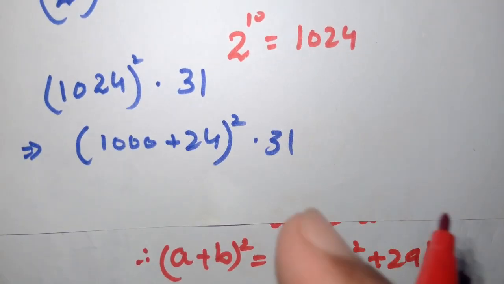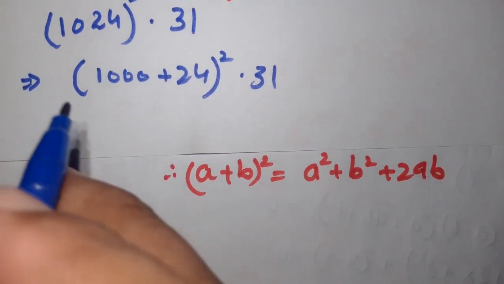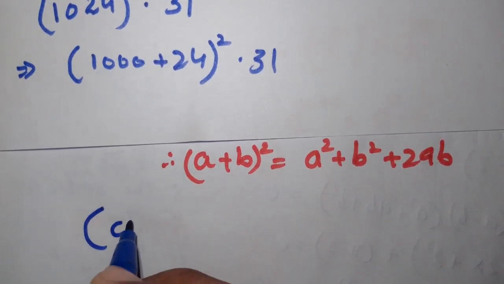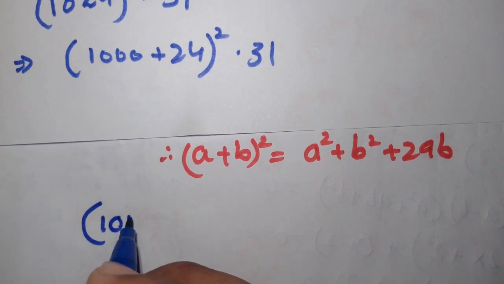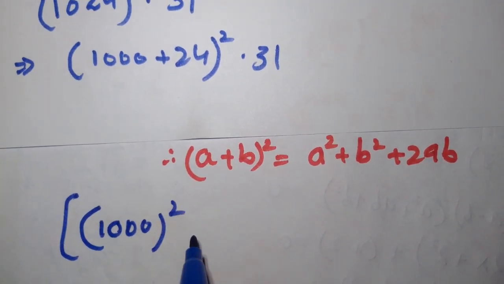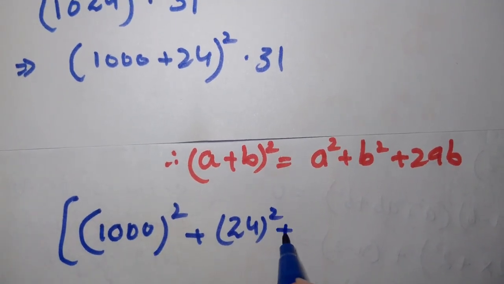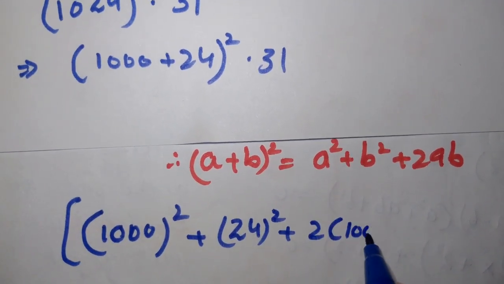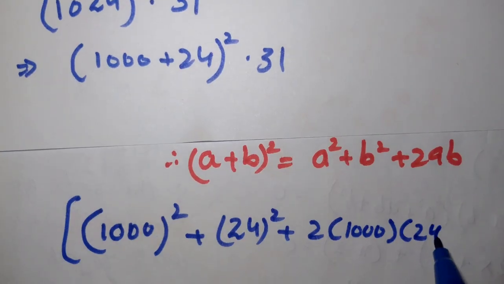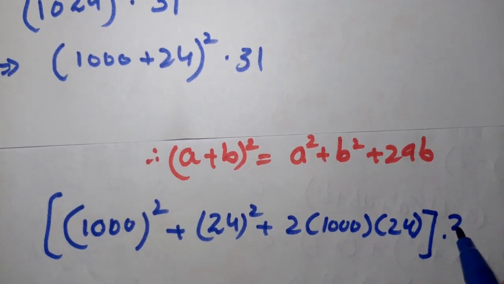We have to use this identity for 1000 plus 24 whole square. So this will become 1000 square plus 24 square plus 2 times 1000 times 24, times 31.